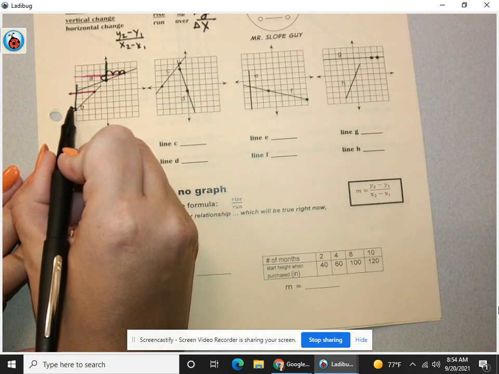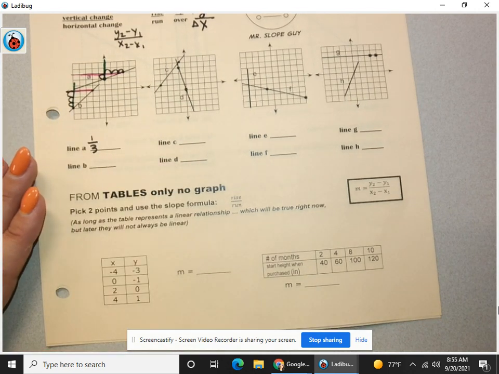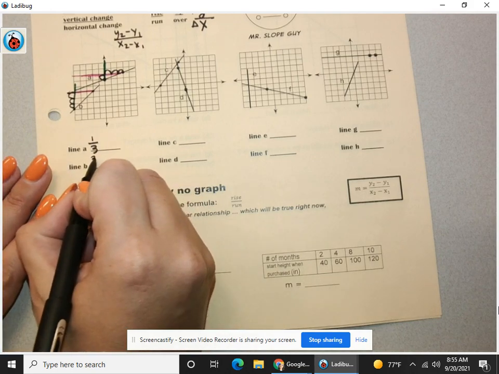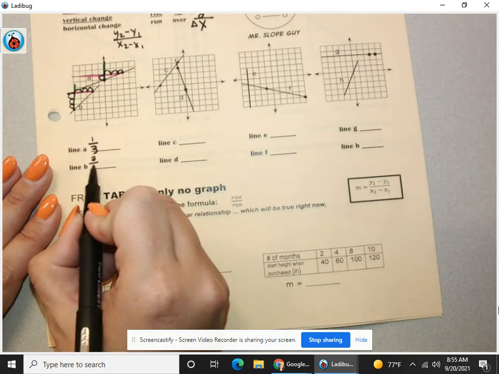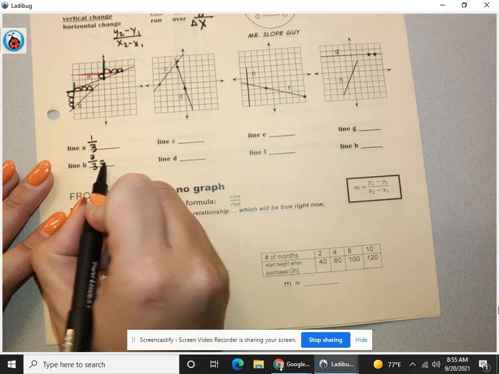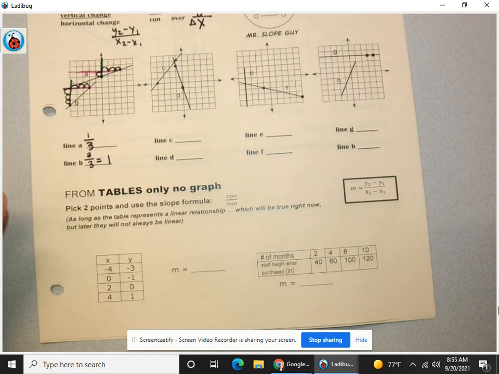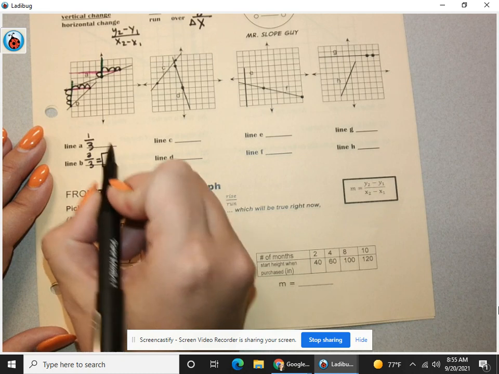I just count it by going from each little box or bump. So I rise 3. I run 3. Does that reduce? Yes. To what? 1. Is it a positive or negative slope? Positive, so there's my slope.